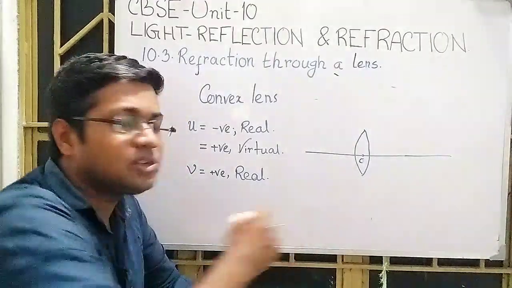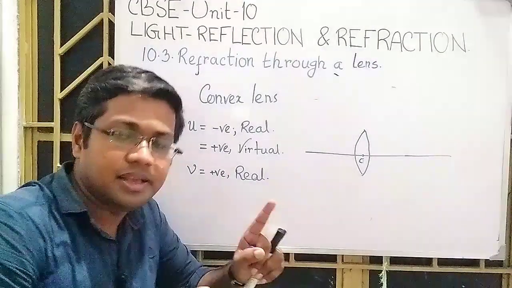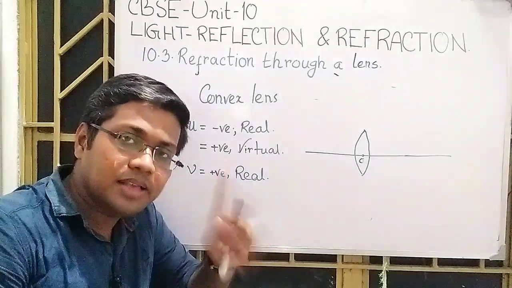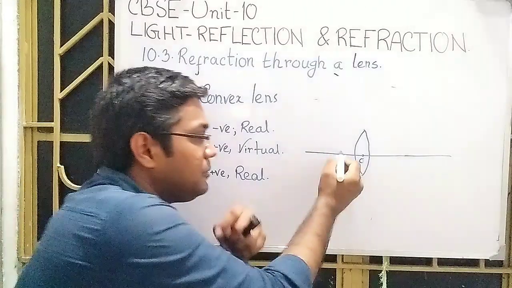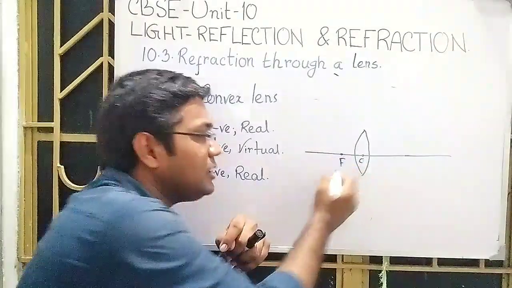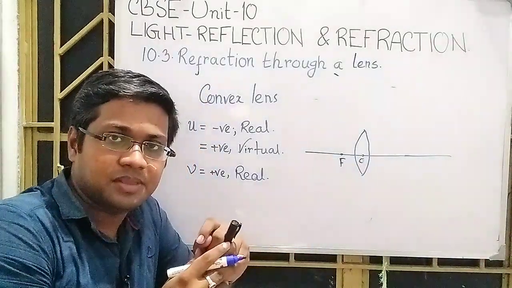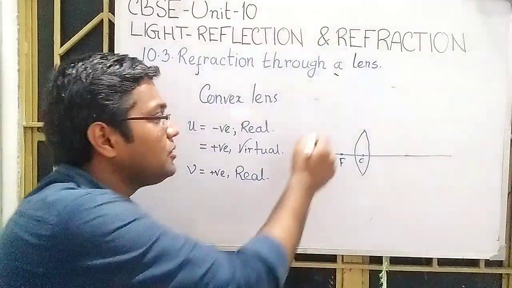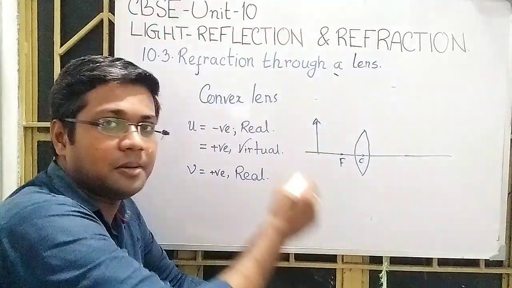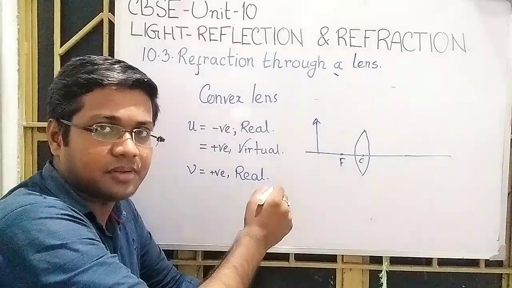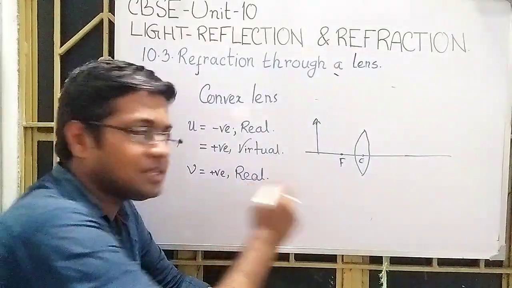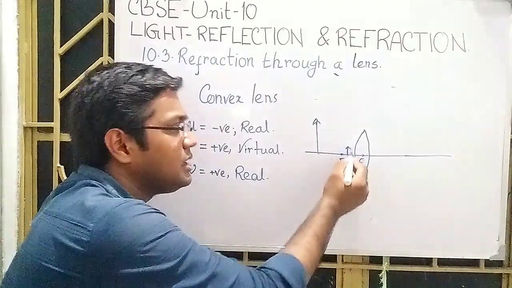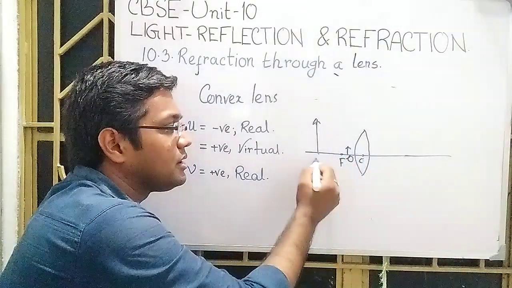But there is only one particular case. If we place the object in between the focus F and the optical center O, then the image will be formed on this side, a virtual one, formed on the same side as that of the object. If I place the object here, then the image will be formed here.